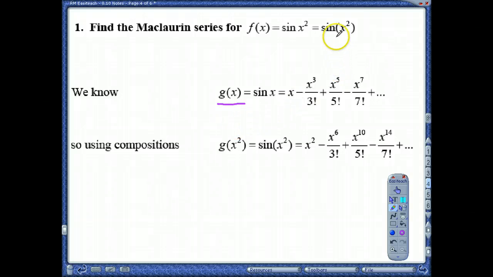So really, if we're finding sine of x squared, we're just putting x squared into that same function, so we're creating a composition. So everywhere you see an x, you're going to slip in an x squared. So my new series becomes x squared minus x to the 6th over 3 factorial, and so on. Okay, so you get the idea.